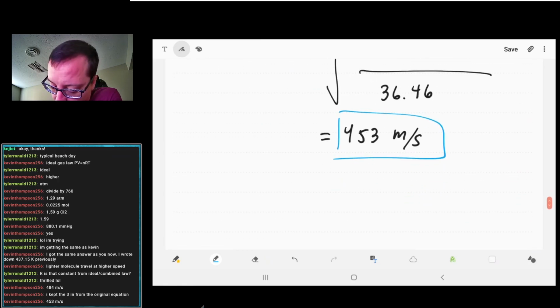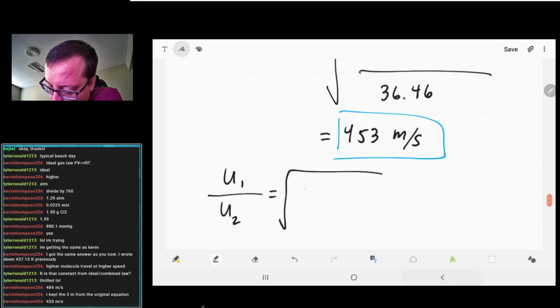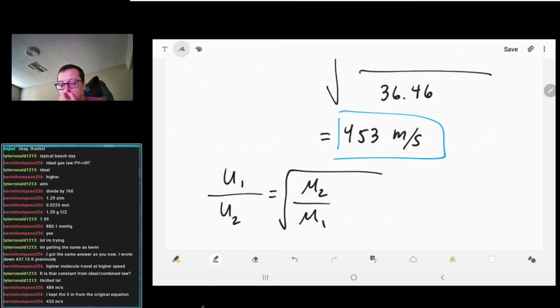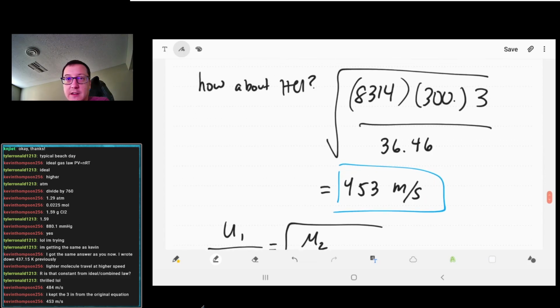We have a way of talking about this, thankfully. We can compare two of these in one step, because they're all going to have this 3RT thing as part of their formula. We can just condense it.